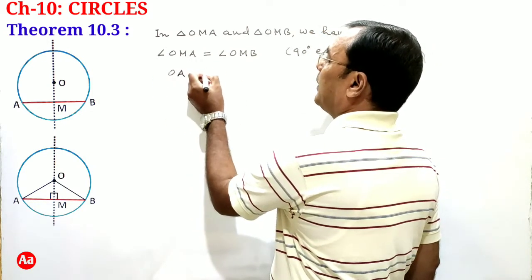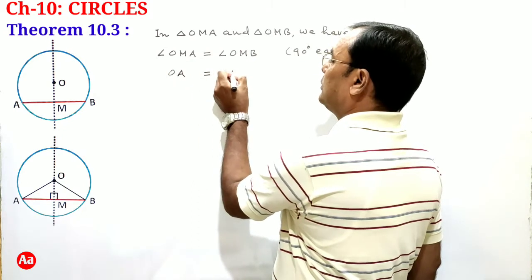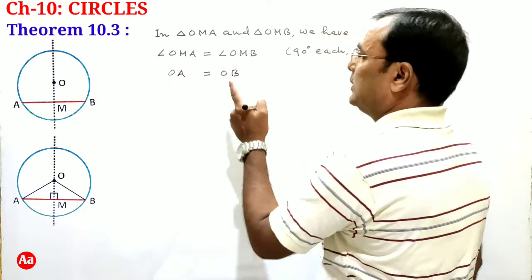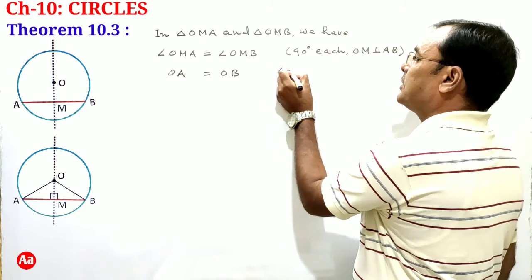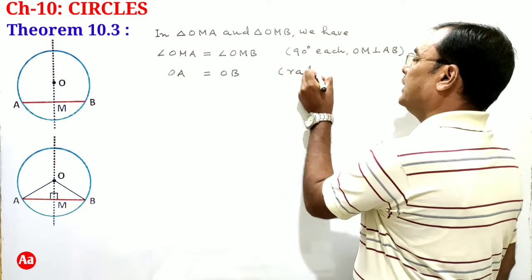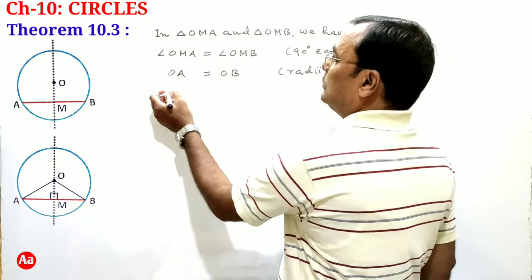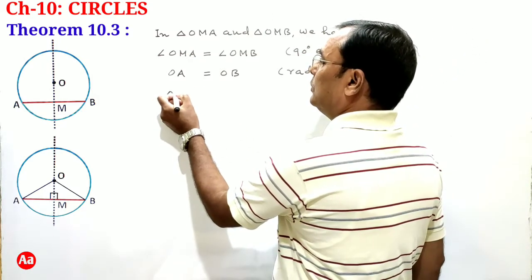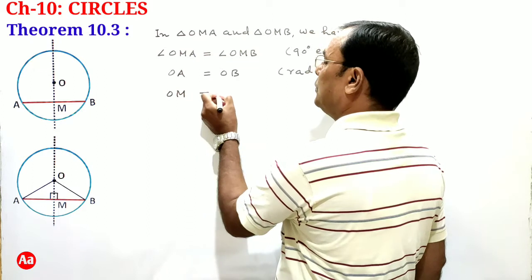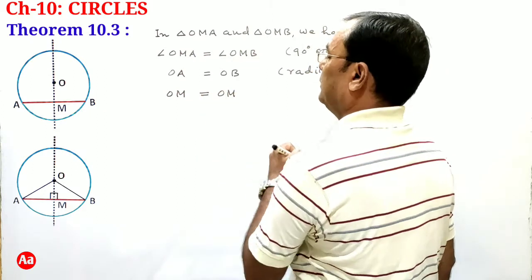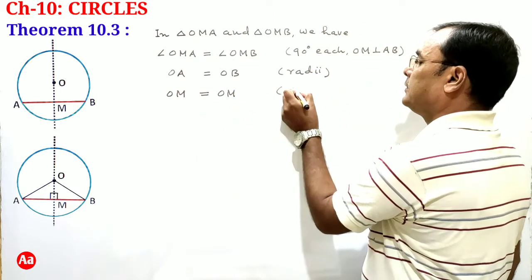OA is equal to OB, radii of the same circle, so they are equal. OM is equal to OM, common side.